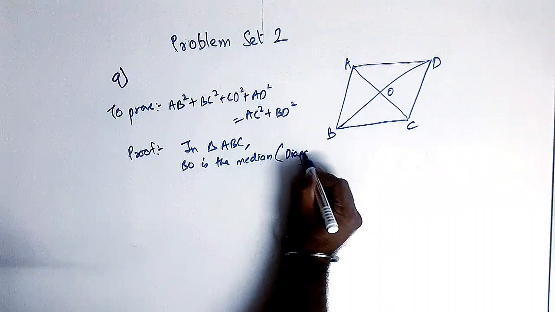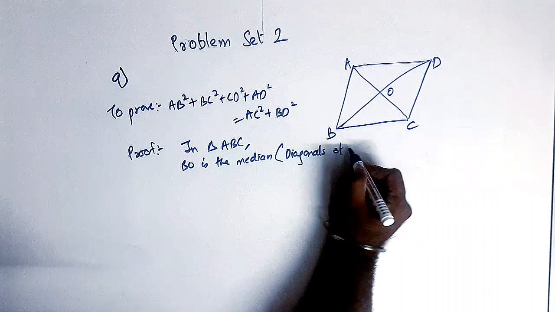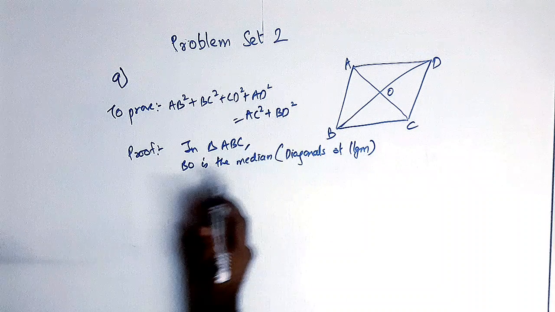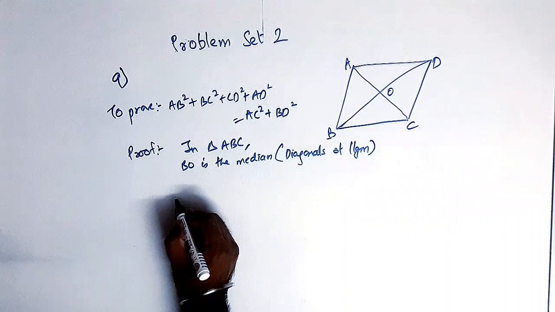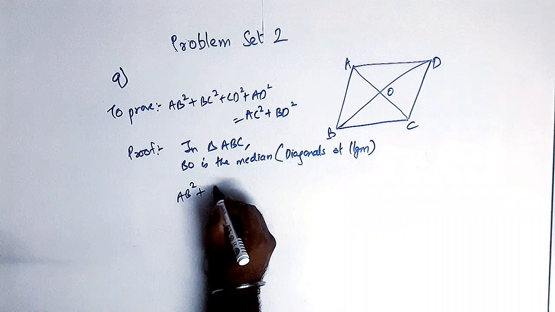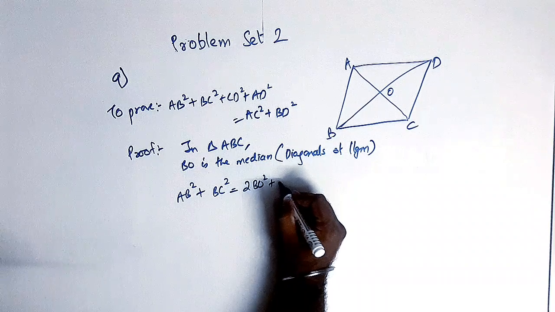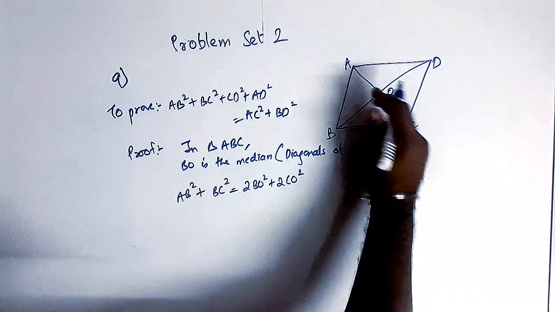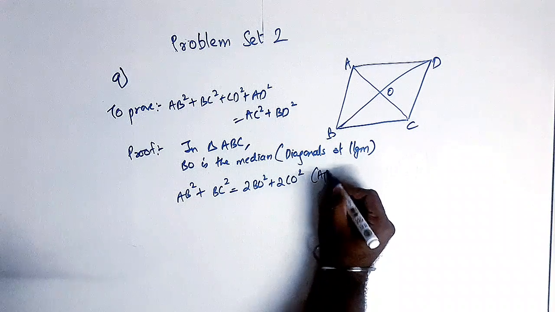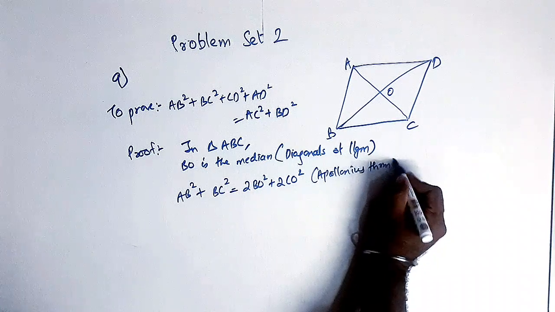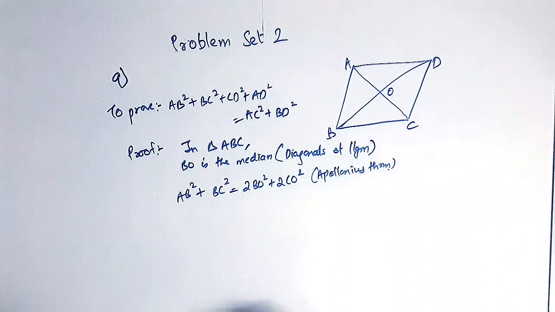Because diagonals of a parallelogram bisect each other. So BO is the median. So I can take Apollonius principle. I can write AB square plus BC square is equal to 2BO square plus 2CO square. Correct? This is by Apollonius theorem.